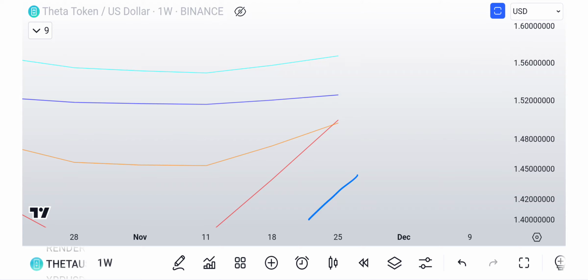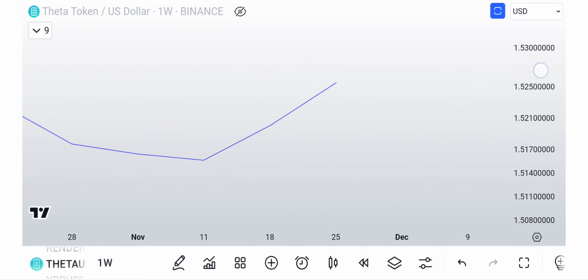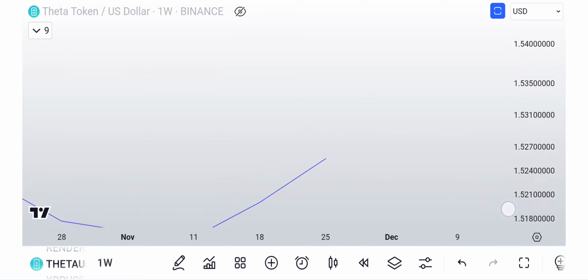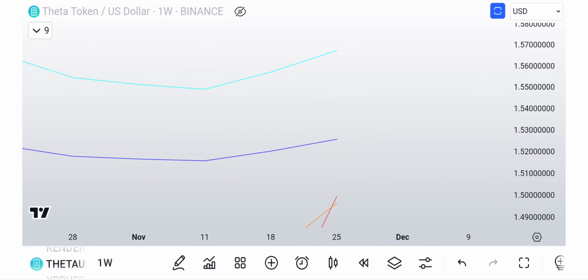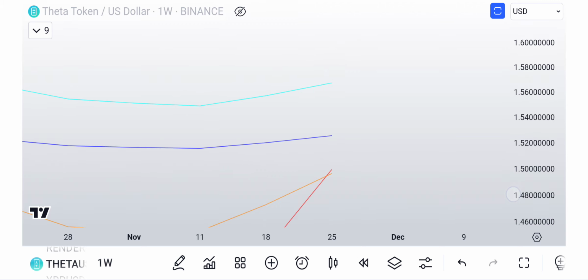We see the 50 is pointing up. If I zoom in close enough, you can see the 200 is pointing up, which is important, probably the most important for the longer term moving average. You can see that angle right there and that angle right there. We have the 100 pointing up. We have the 200 pointing up.